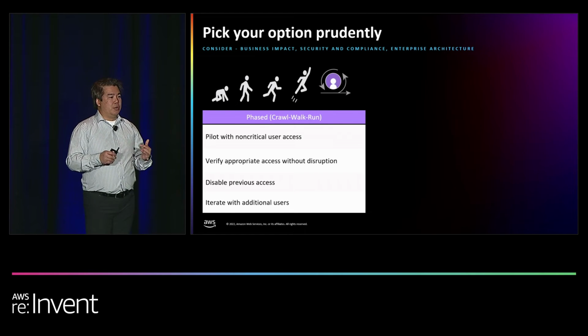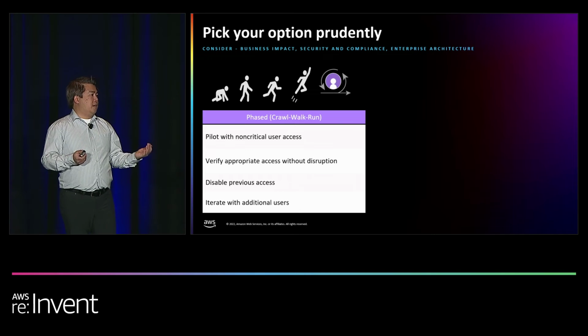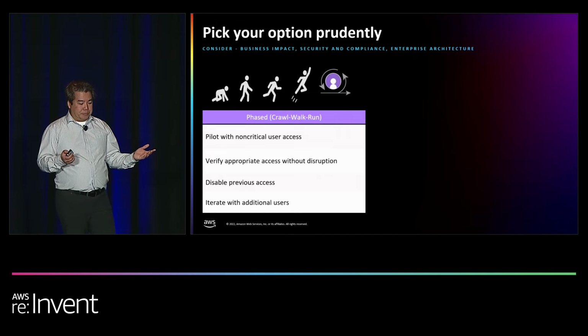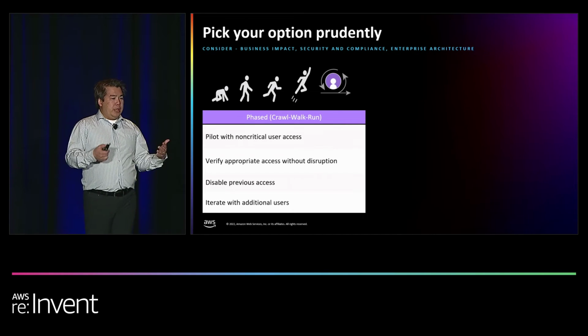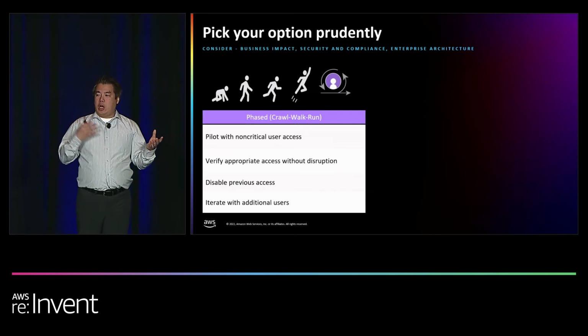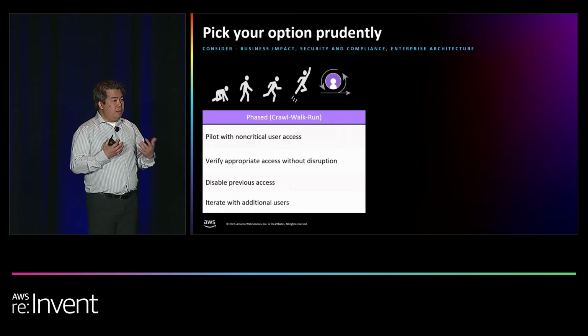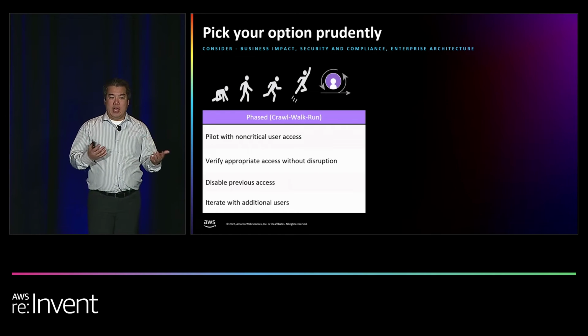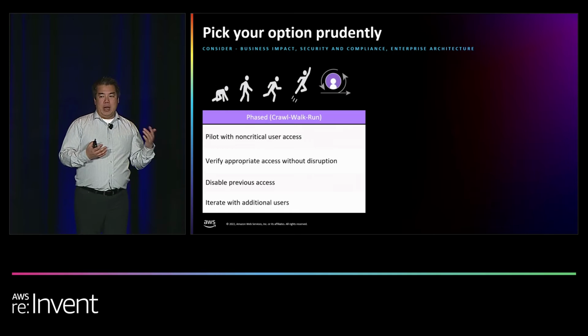How is the migration process working? How do they like Identity Center? Do they like the old way or do they like the new way? By doing this, you're able to verify that they have access with very minimal disruption, because if whatever they wanted to do was not working in Identity Center, they can always go back to the original method that did work. Now, at some point you effectively have 2 authorization models, and managing 2 is not ideal.